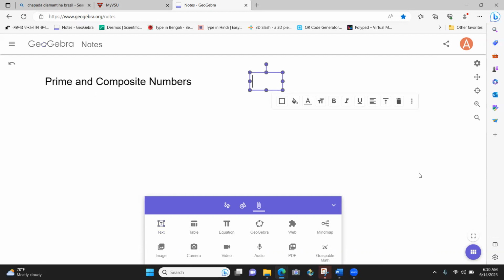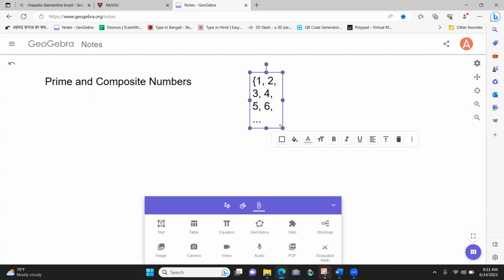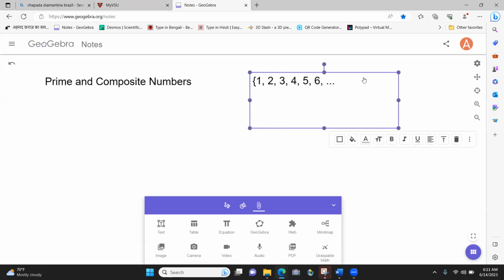natural numbers. And I'm going to list them here. 1, 2, 3, 4, 5, 6, dot, dot, dot. So which ones of these are prime numbers? Okay.